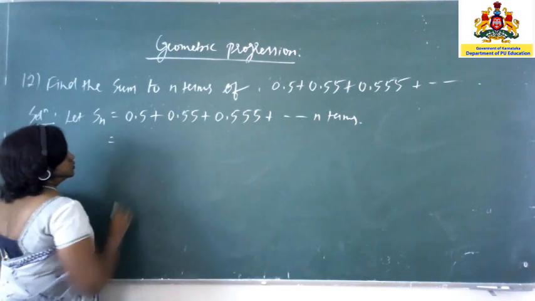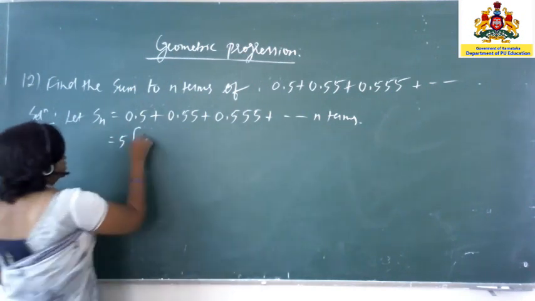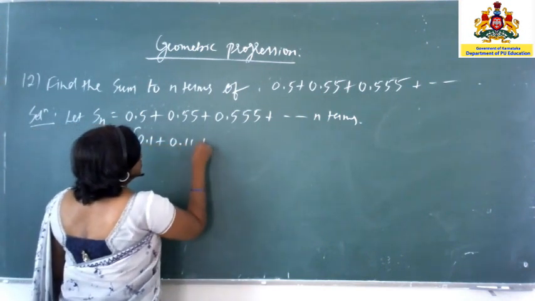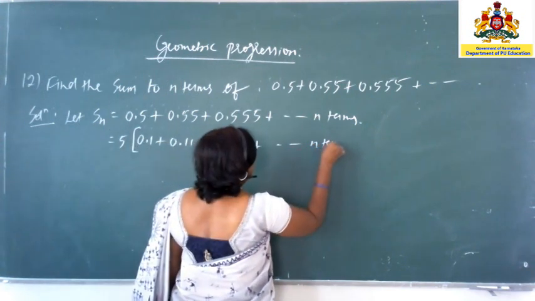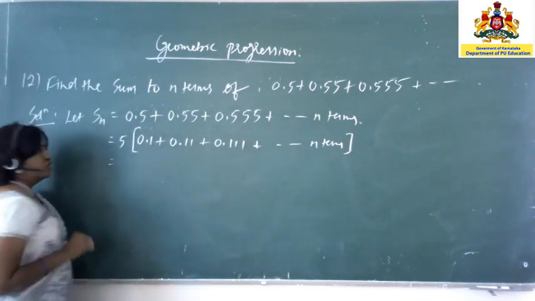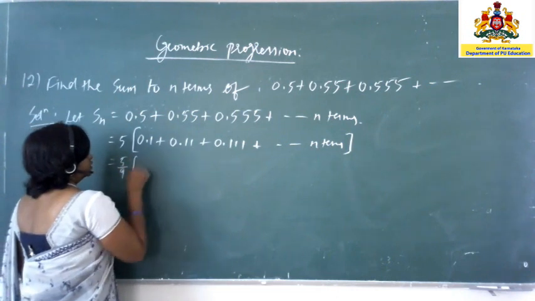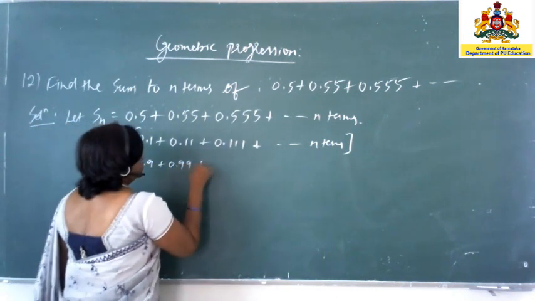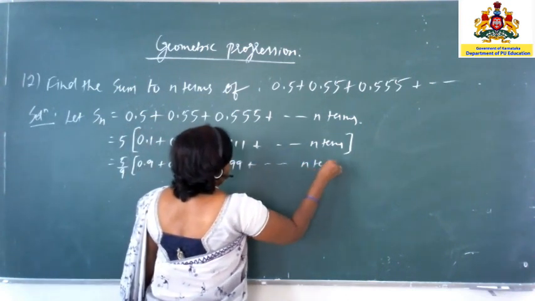That is equal to, take out 5 outside. So 0.1 plus 0.11 plus 0.111 plus so on up to n terms. Multiply and divide by 9. So 5 by 9, 0.9 plus 0.99 plus 0.999 plus so on up to n terms.